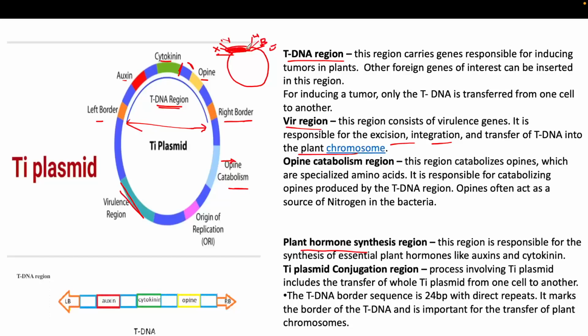So that is the ideal plasmid, or ideal cloning vector, and each enzyme should have a single restriction site in the multiple cloning site.